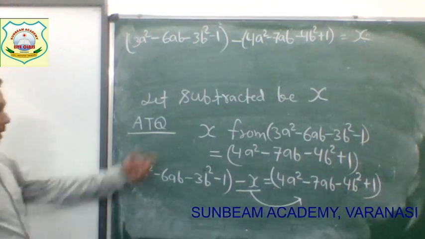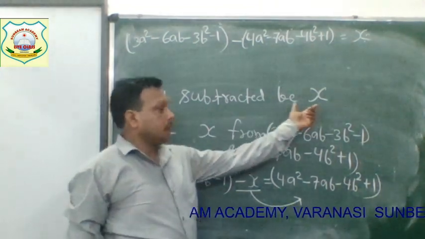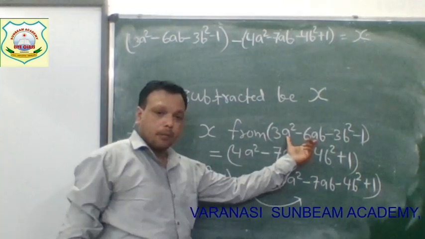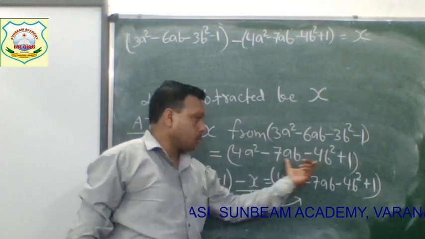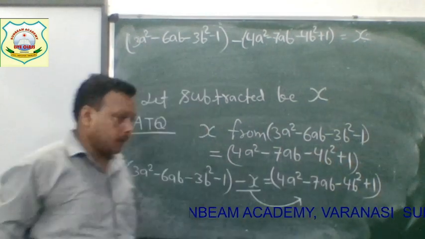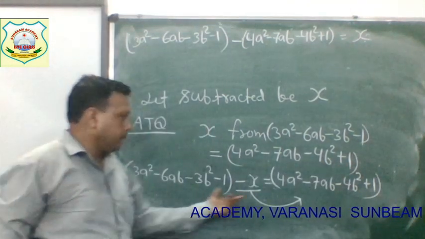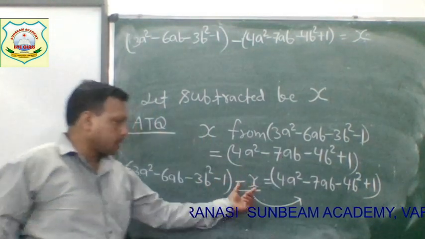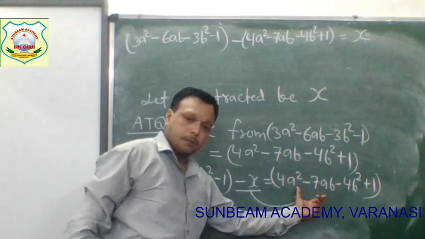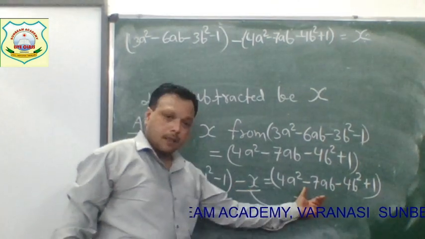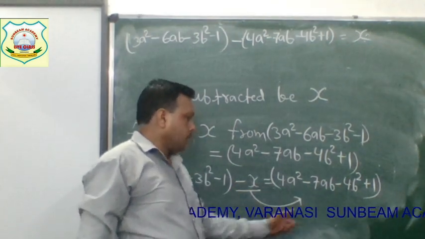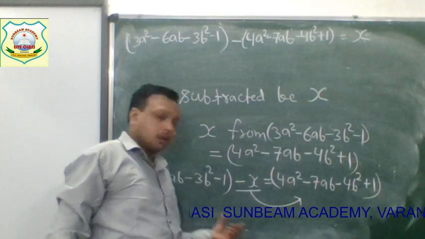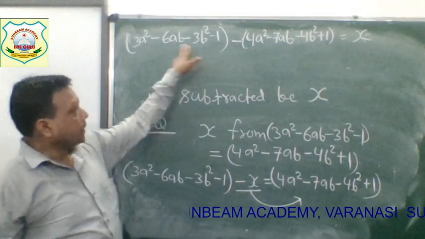Students, clear? That subtracted number we will take as the variable x. According to the question, x from this value to get 4a square minus 7ab minus 4b square plus 1. Now we will write this way. From value we will write first, then x we want to subtract, minus x equal to the getting value. The x value will go to that side by the linear form, and this whole expression in positive form will come this side as minus. We have written here.